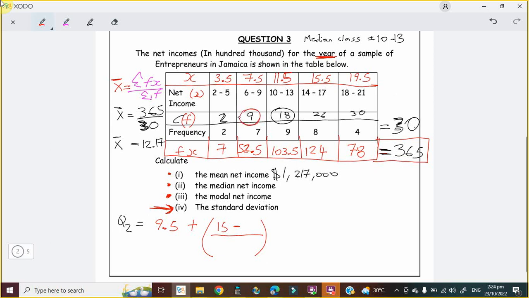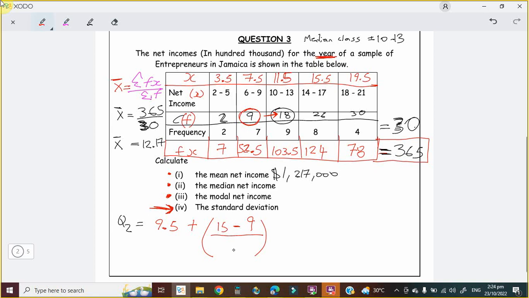So just before the median class, the cumulative frequency was at 9. Always remember, the bracket will never work out to be negative.